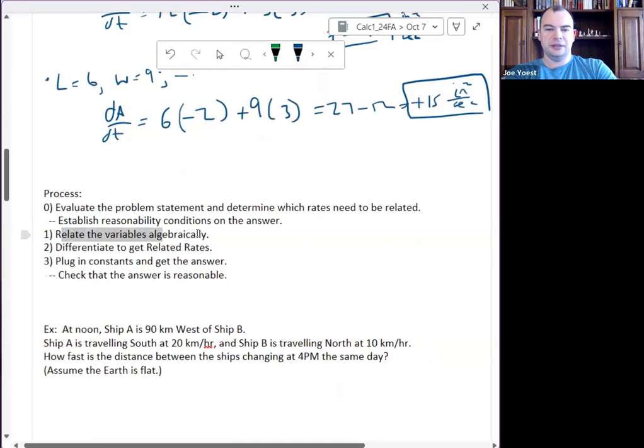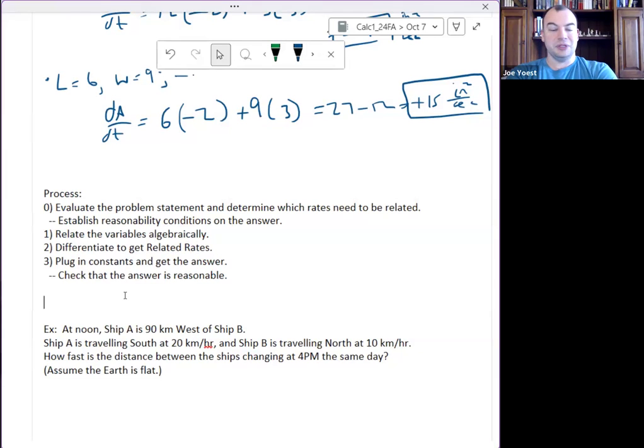After I do that, I look at the rates that I want to relate, and I relate the underlying variables algebraically. Now, this step one is one step of three or four, however you want to count it. But this can be a really cumbersome step, right? Typically, step one isn't going to use calculus.